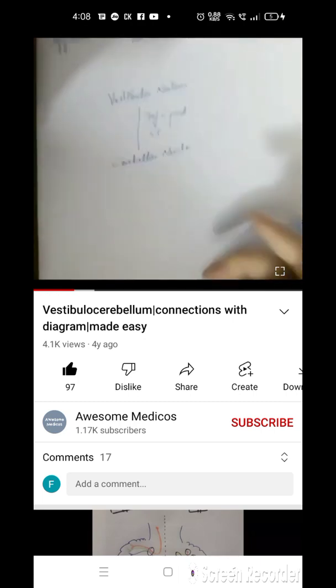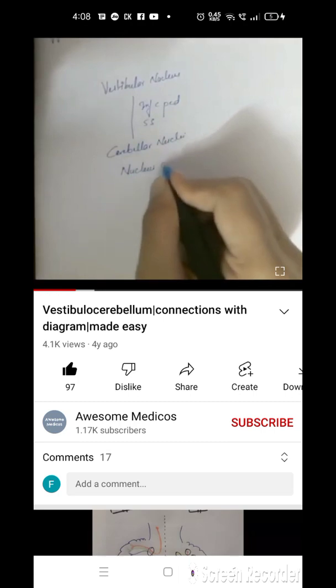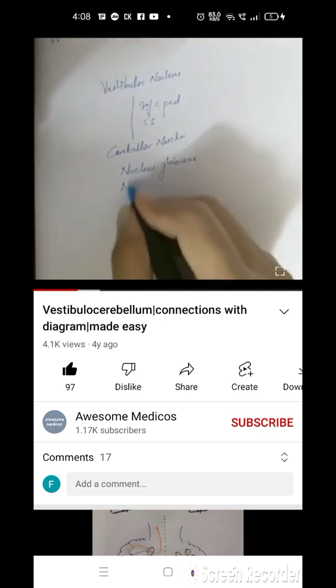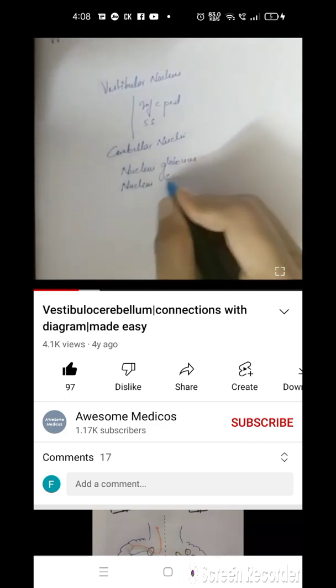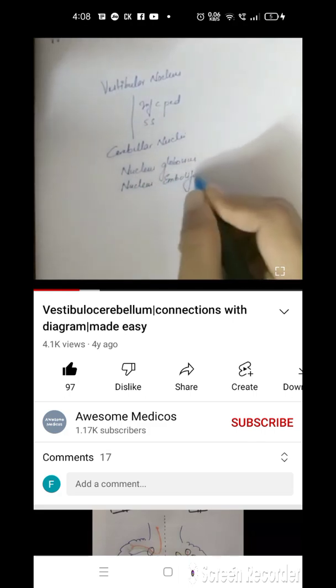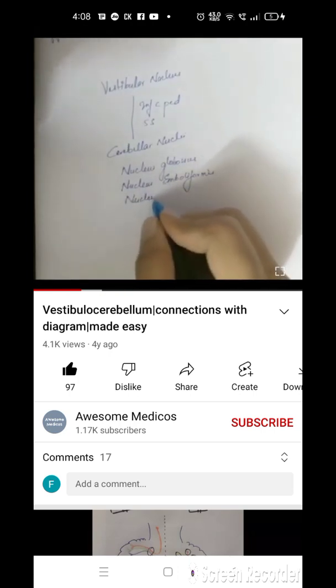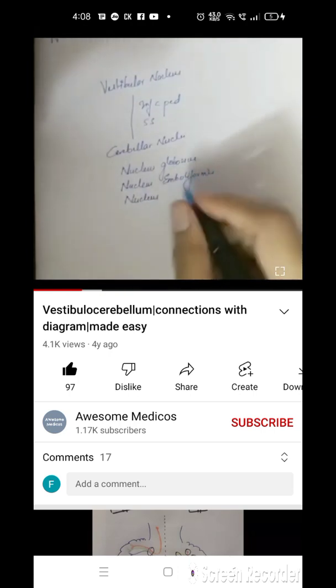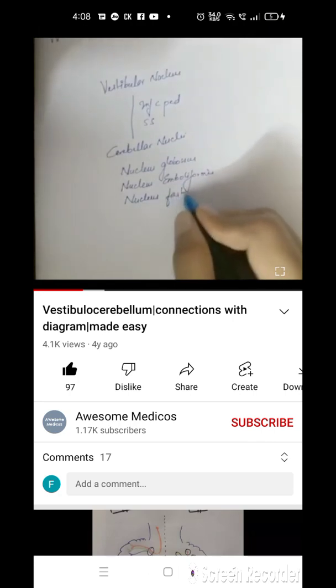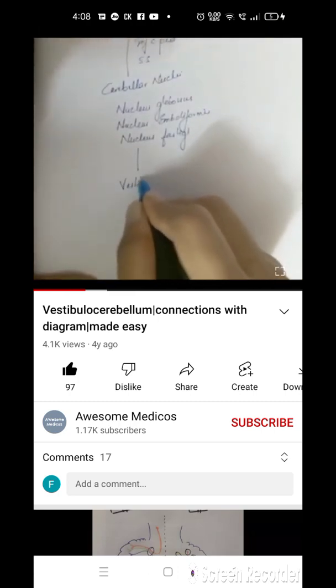The cerebellar nuclei are nucleus globosus, nucleus emboliformis, nucleus fastigii, and then from there it ends in vestibulocerebellum.